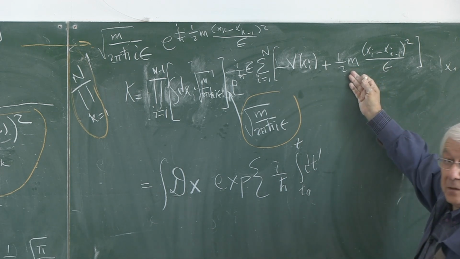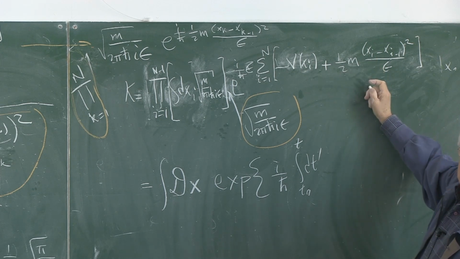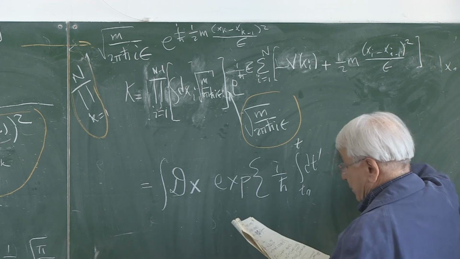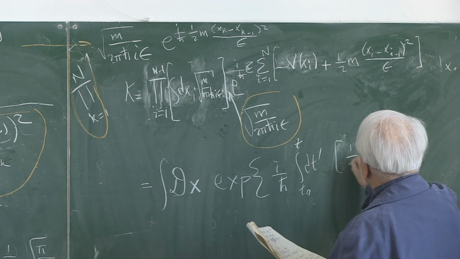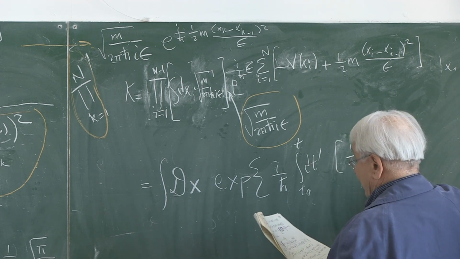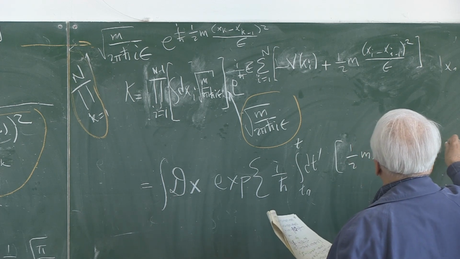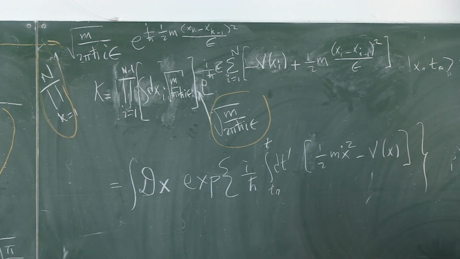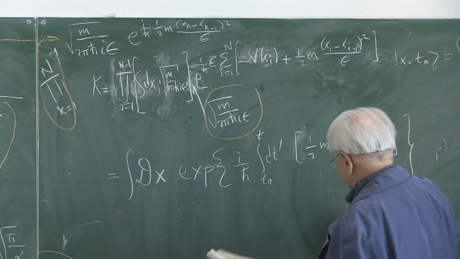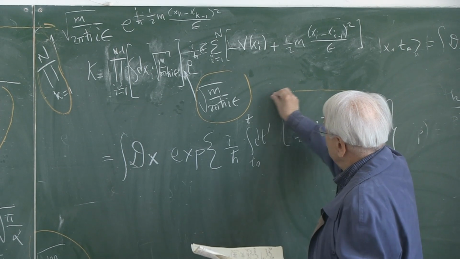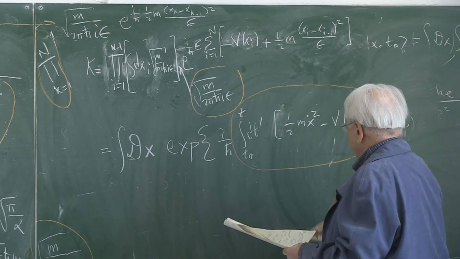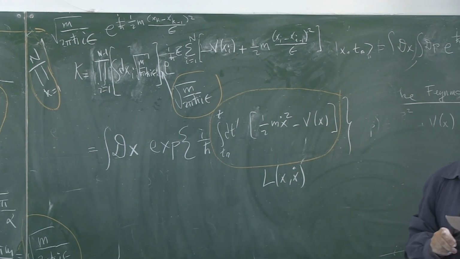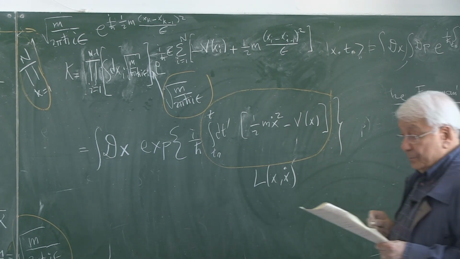What is inside? It is really L, right? 1/2 m, the velocity squared, minus the V. That's the Lagrangian, isn't it? And what is the measure?